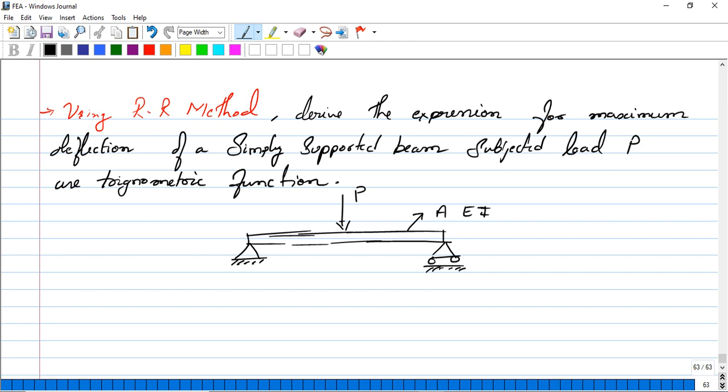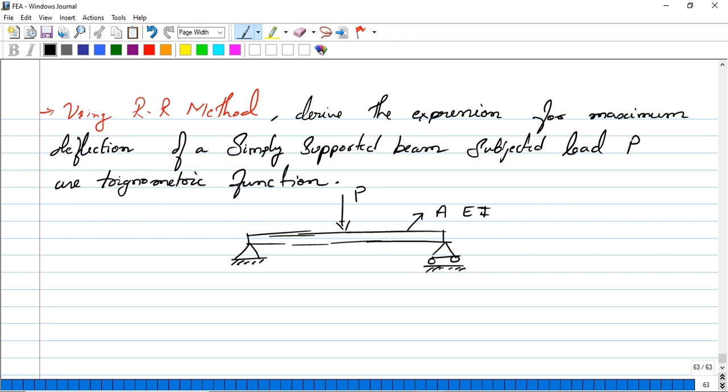The figure is very clear: one end is fixed, so there will be no motions, and the other end is a roller support. You should know what a roller support is; that is a basic fundamental.